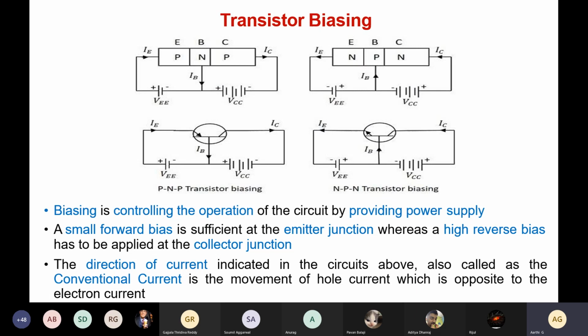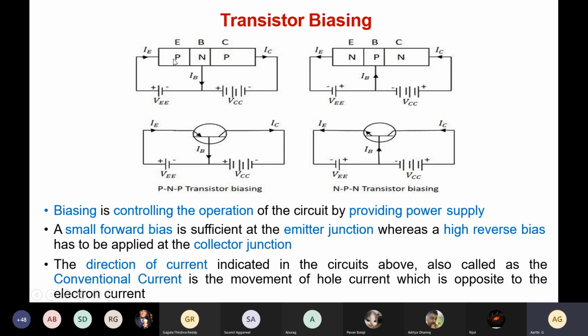Generally, whether it is a PNP or NPN type configuration, the emitter base junction will be forward biased. In order to make the transistor work as an amplifier, we do forward biasing on the emitter base junction and reverse biasing on the collector base junction. You see here, this is PNP.